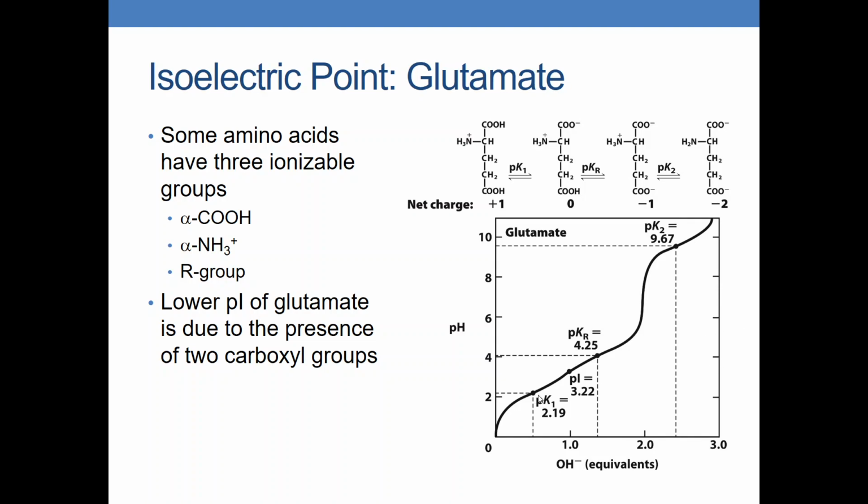So when we hit that pKa, remember at the pKa you have 50% acid, 50% conjugate base. So here our conjugate base is this glutamic acid structure, just now minus a proton on the alpha carboxylic acid. So that is what is happening at pH equals 2.19.